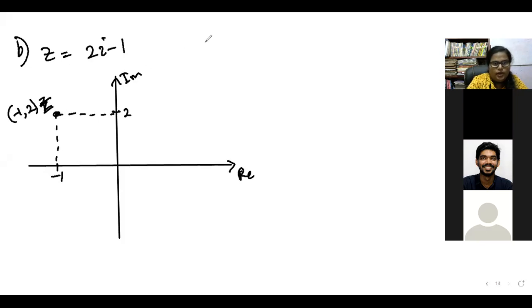That means this is the complex number and you have to take this angle here. In order to find this angle, I will take this angle as theta. So what is the arg Z here now?